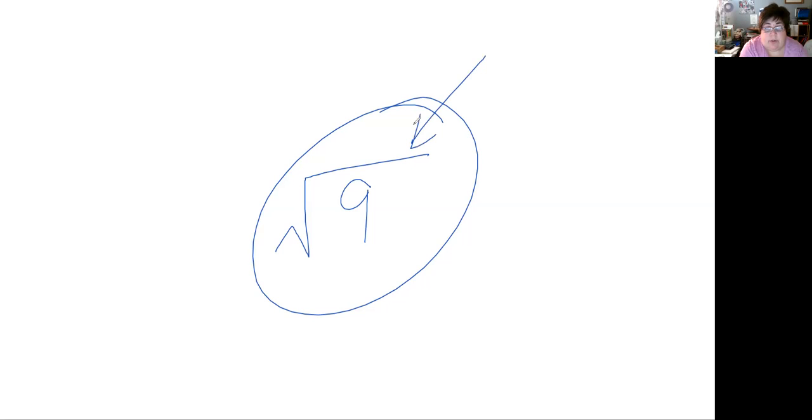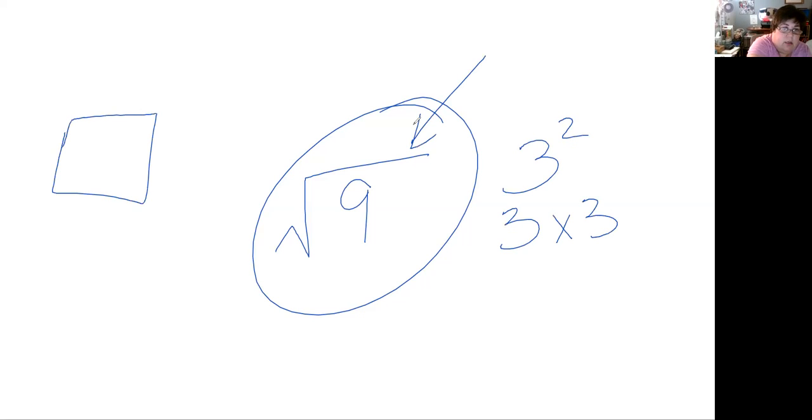So what you have to know is what that symbol actually means to that number. We all know that when we are looking at a number with a 2 on it, it means to square the number, to multiply it by itself. The reason we call it squaring is because if I were an engineer, I can make a square that was the same length on each side.